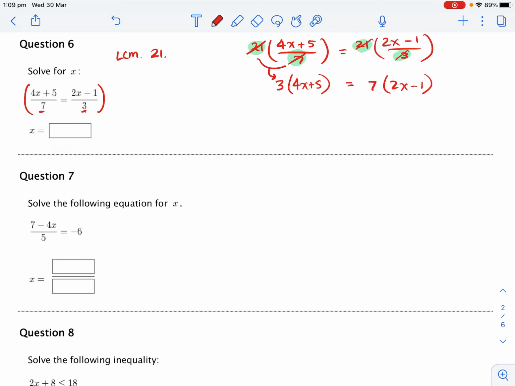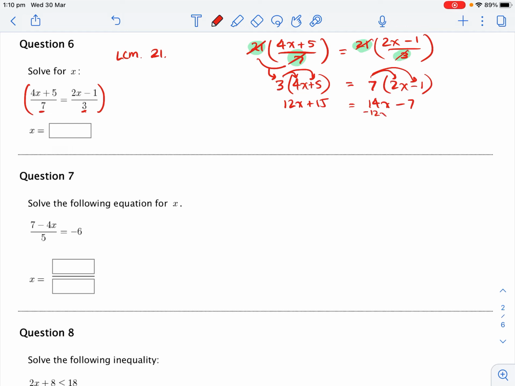Once I get to this step, I've got two brackets, so expand the brackets. 3 times 4x is 12x, 3 times 5 is 15, 7 times 2x is 14x, 7 times negative 1 is negative 7. I need to get my x's together.